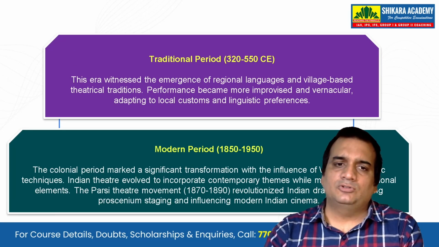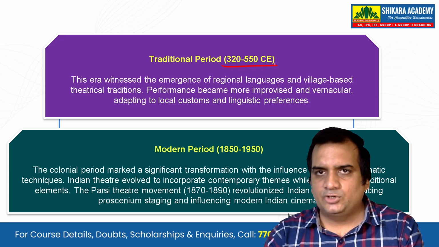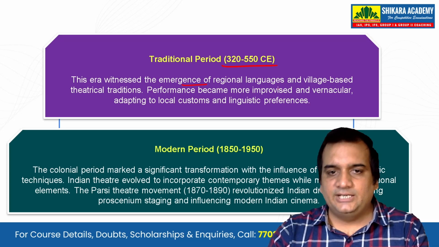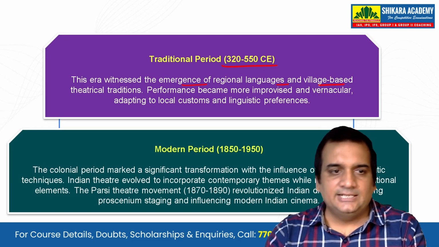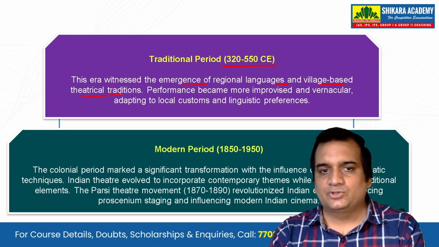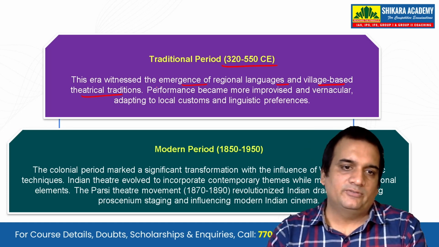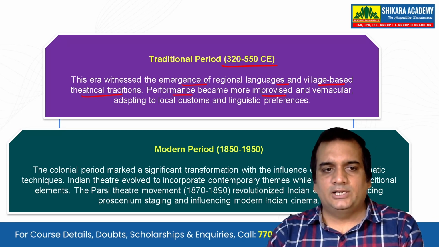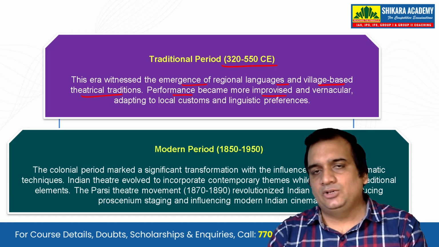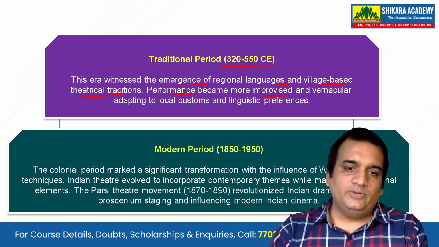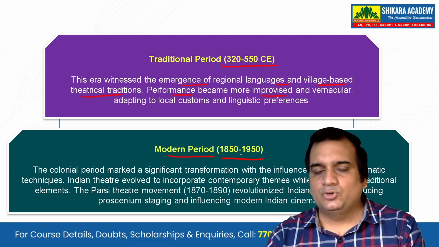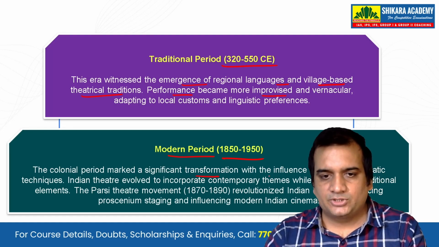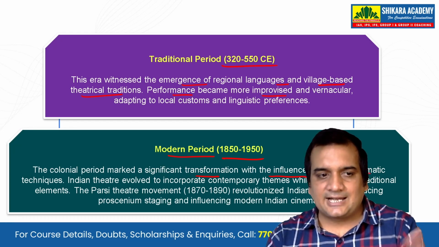When we talk about the traditional period from 320 to 550 CE, this era witnessed the emergence of regional languages and village-based theatrical traditions. Way back in 320 to 550 AD, performance became more improvised and vernacular, adapting to local custom and linguistic preferences. When we talk about the modern period, 1850 to 1950, the colonial period marked a significant transformation with the influence of Western dramatic techniques.